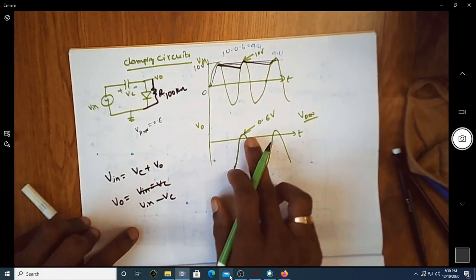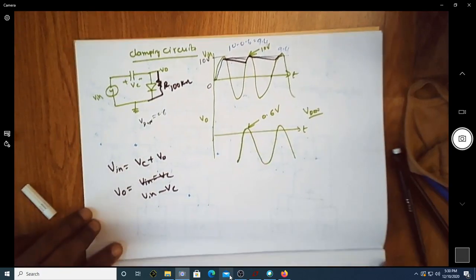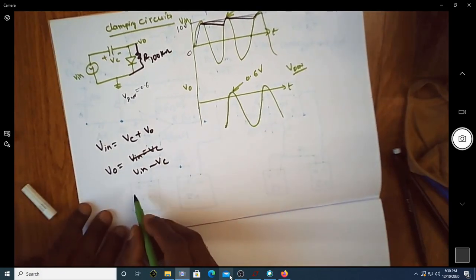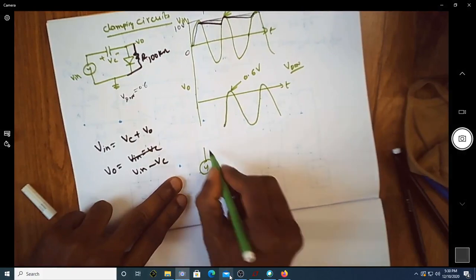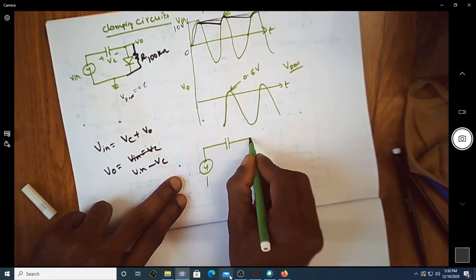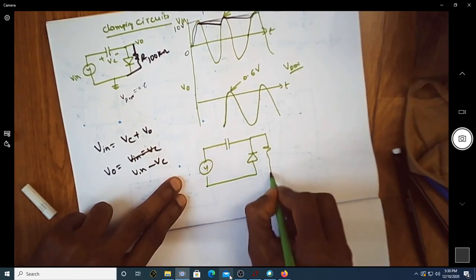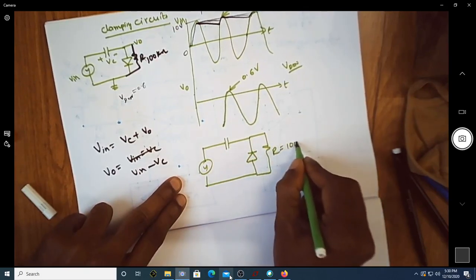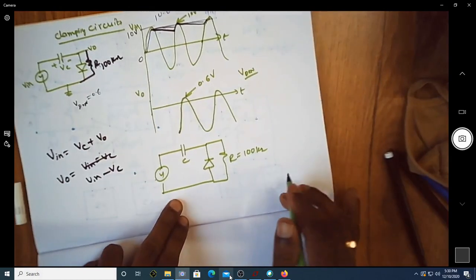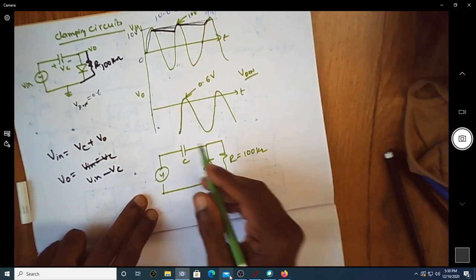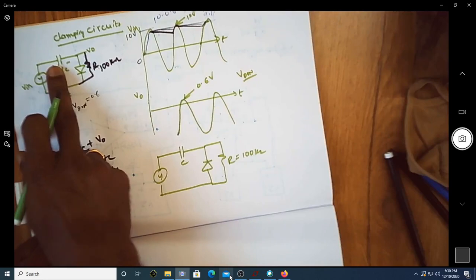Suppose I want to clamp the negative peak to minus V gamma. The circuit would be something like this. In this modified circuit, you again consider R, which is of larger resistance. The capacitor voltage here is again 9.4 volts.